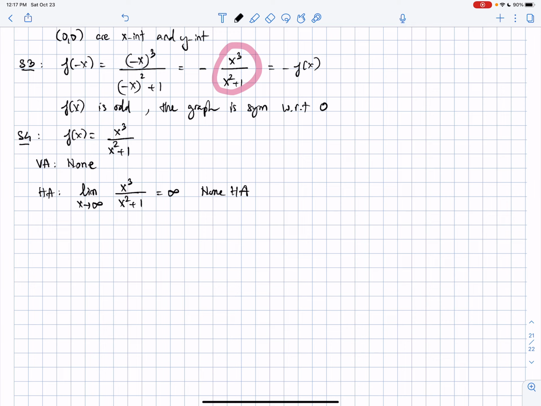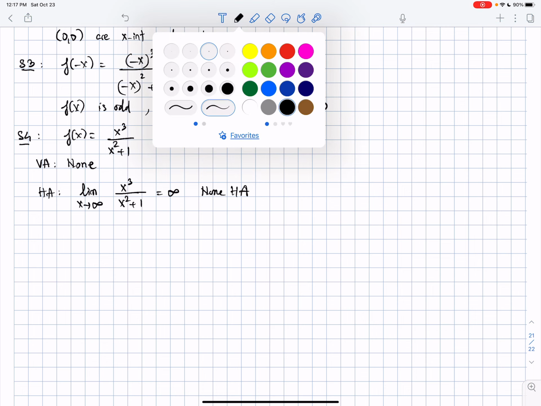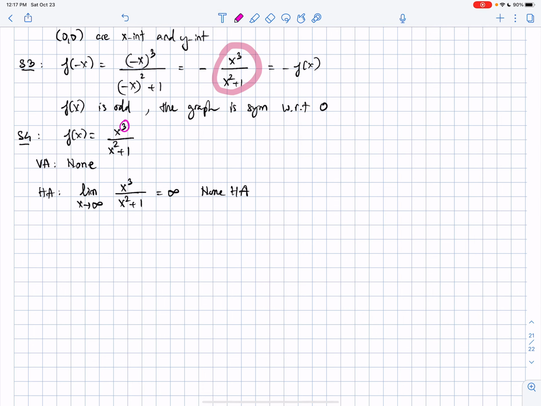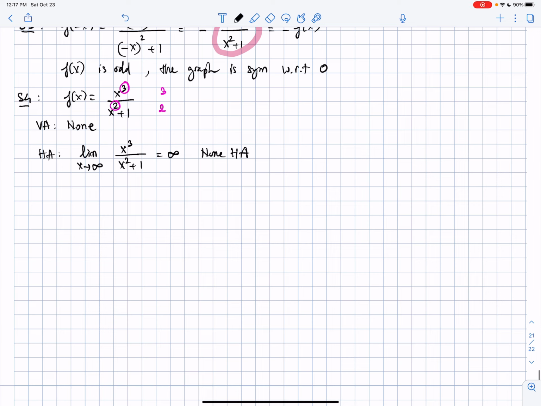Now check the slant asymptote. I also explained before that when the degree on the top is more than the degree in the bottom by 1 unit, so 3 and 2, 3 is more than 2 by 1 unit, we will have a slant asymptote. In order to get the slant asymptote, we divide. x squared goes into x cubed x times.